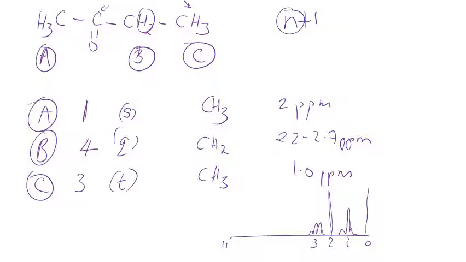So you see a singlet there, a triplet there, and a quartet there, and so on and so forth. So that would be the signals that you generate for that particular structure.